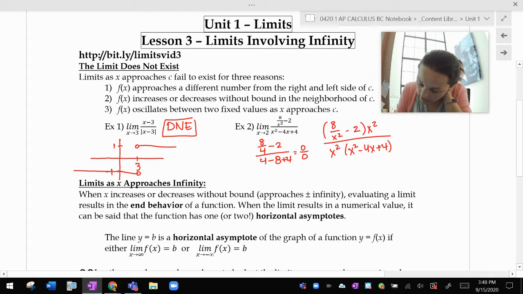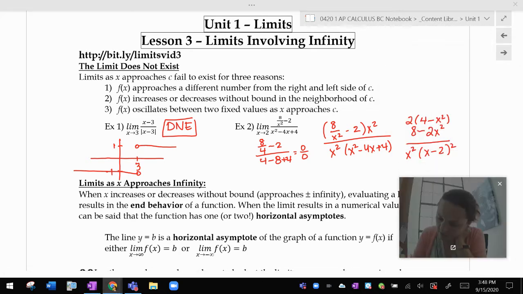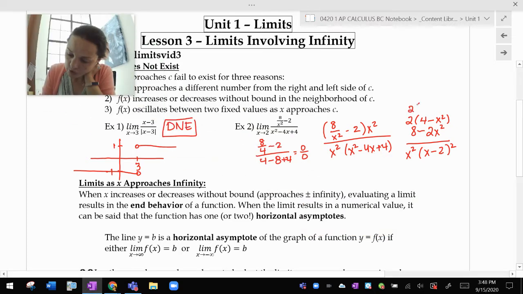And then this would be 8 minus 2x squared over x squared. And this, if I wanted to factor, would be x minus 2 squared, which up here I can factor out a 2, which factors even more: 2 times 2 minus x, 2 plus x. And this guy could leave a negative 1 behind.